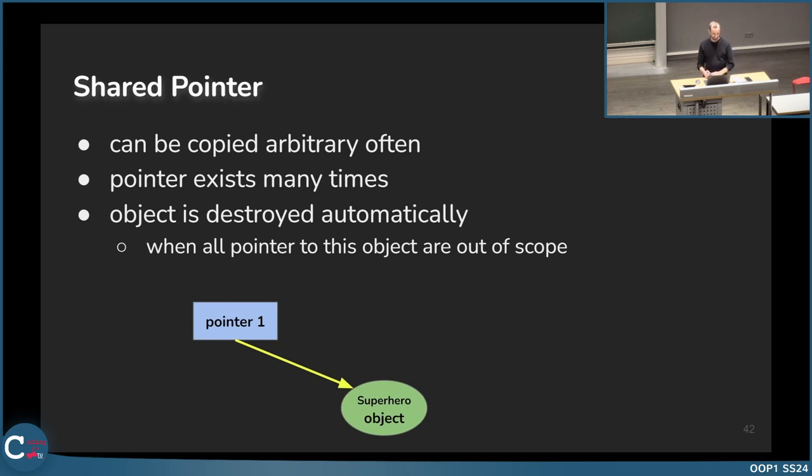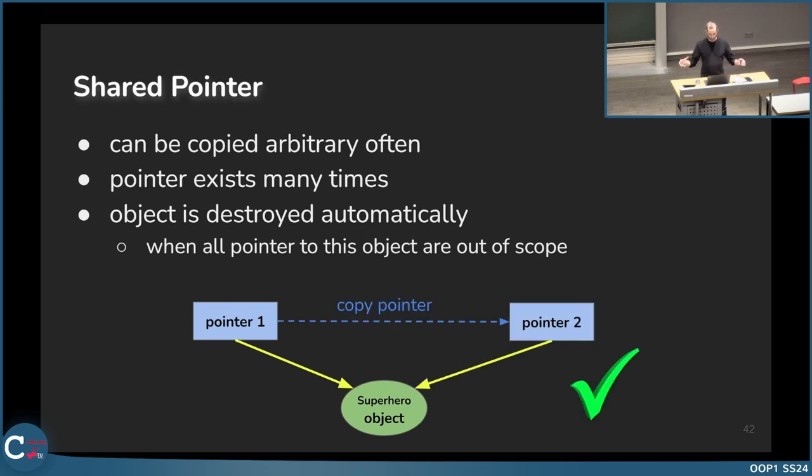Shared pointers can be copied, so this is the difference to unique pointers. Shared pointers, as the name suggests, can be shared. So you have a pointer, you can copy the pointer, and then you have another pointer. They're pointing to the same object. And again, the object will be destroyed automatically as soon as all pointers are out of scope.